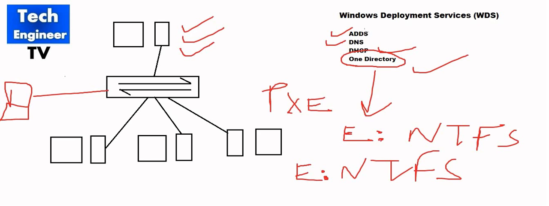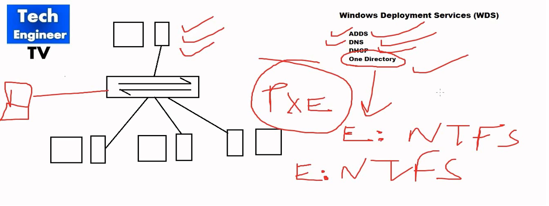So ADDS, DHCP, DNS, one directory, and a PXE-compatible NIC are required for WDS. Once our client joins the network, if it wants to install a new operating system, it can do so. We will do the practical of WDS in the next video. Hope you learned something from it. Thanks for watching.